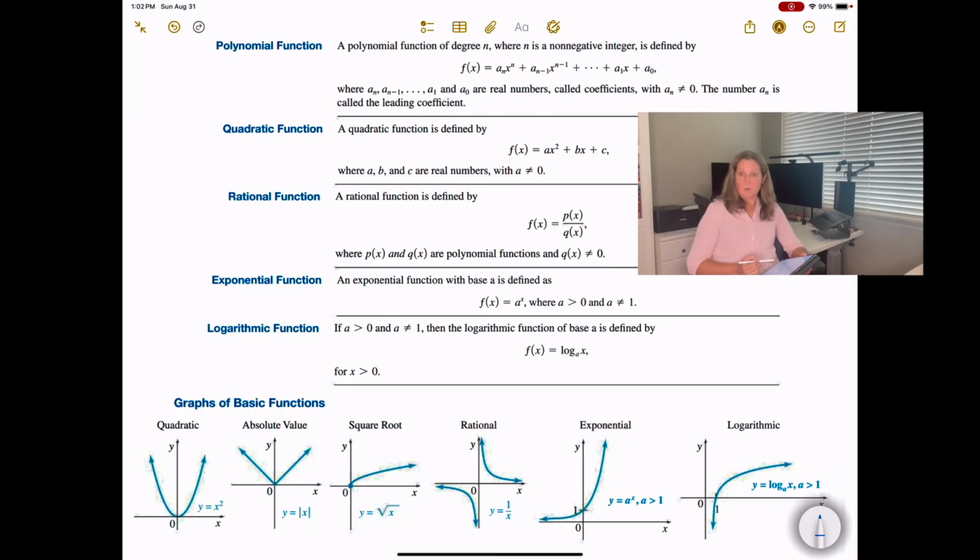Looking at the graph y equals the absolute value of x, we can see that if I start with an x value not equal to 0, let's say x equals negative 5, the absolute value of minus 5 is 5.